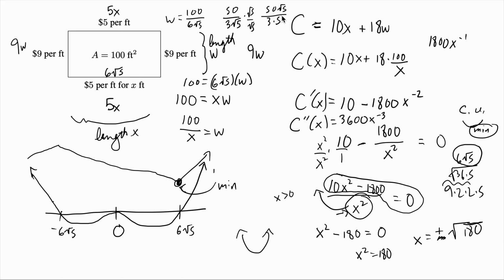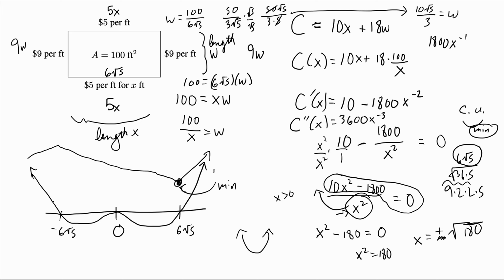Why did I do that? Just so we could see how that cancels. That 50 and 5 can reduce to 10. So w is equal to 10 root 5 over 3. You could write it that way as well, and that's fine.